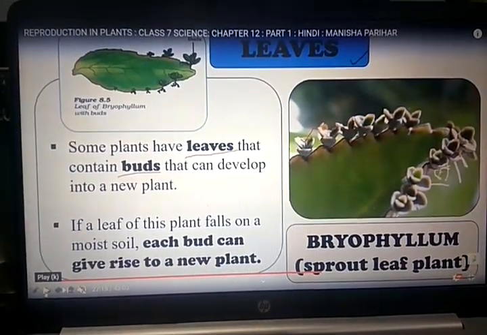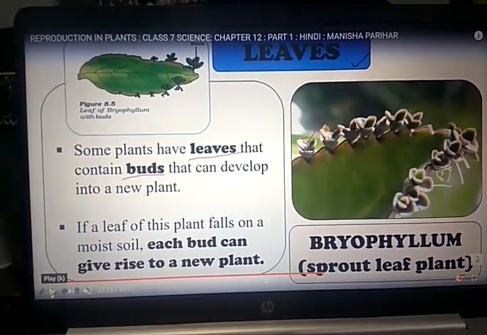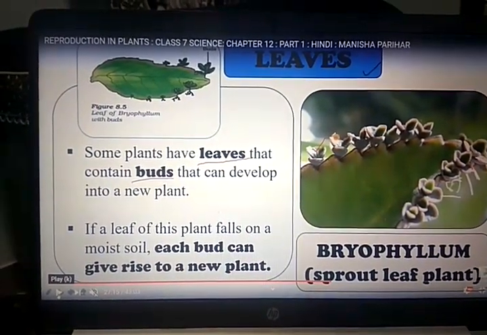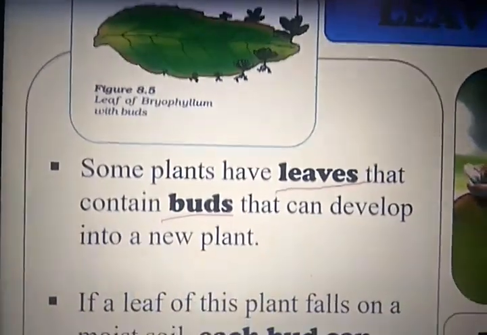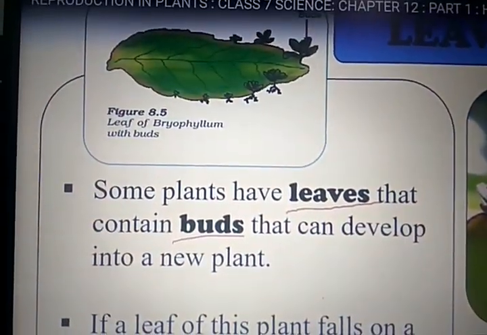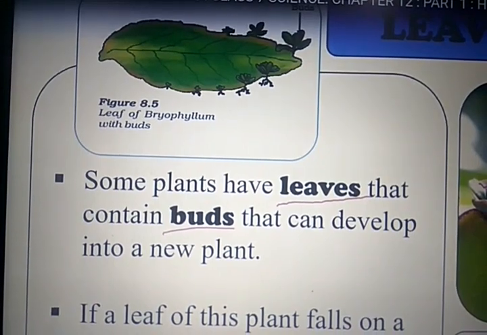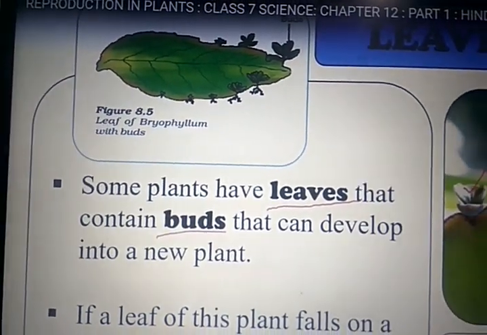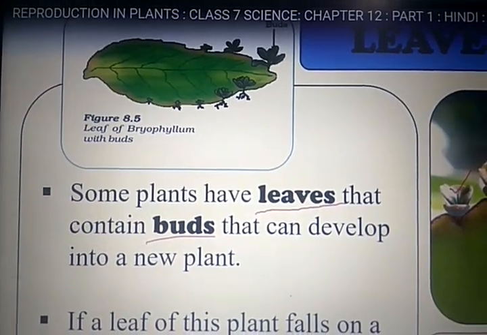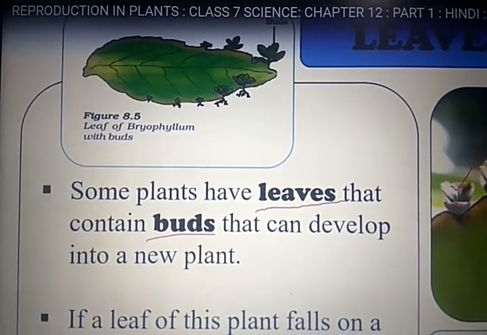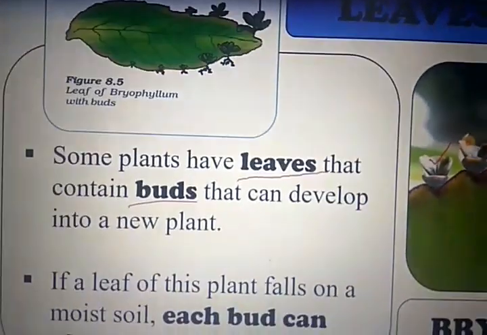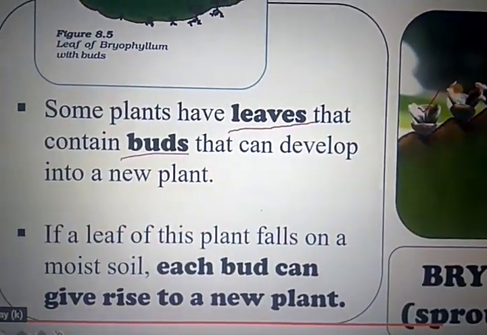Leaves. Some plants have leaves that contain buds that can develop into new plants. You can see here it is the leaf of Bryophyllum with buds. On that leaf you can see offspring, small plants around the margin of that particular leaf.